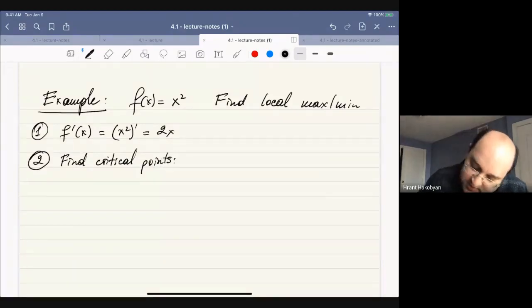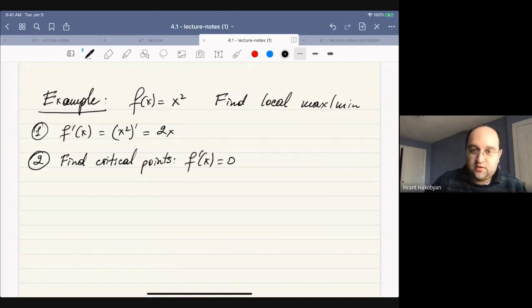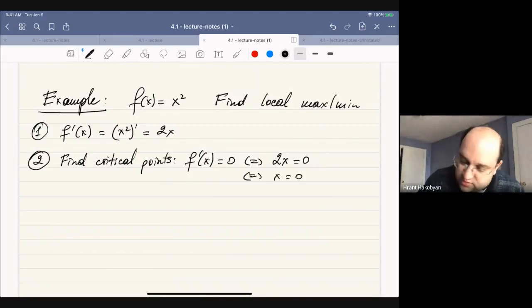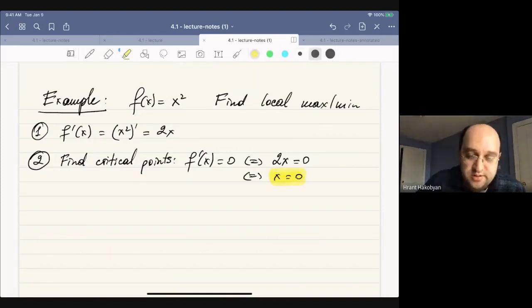In this case, it means set the derivative equal to 0 and solve. That's the same thing as saying 2x is equal to 0, which is the same as saying x is equal to 0. So your only critical point is x equals 0.